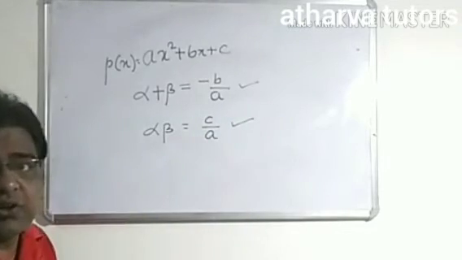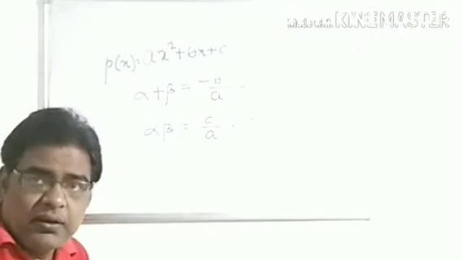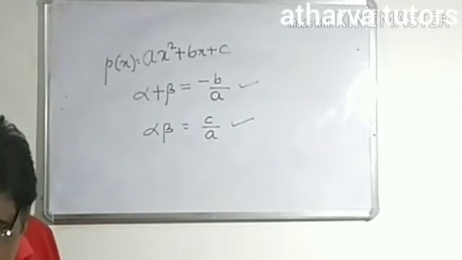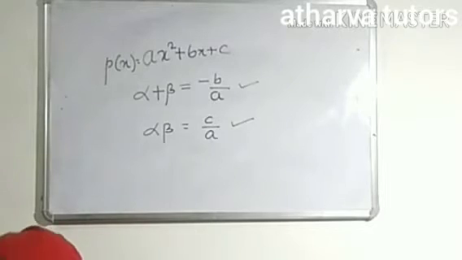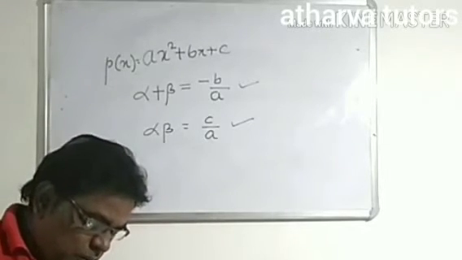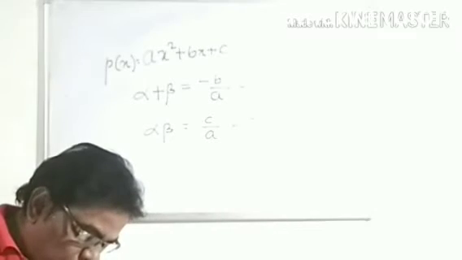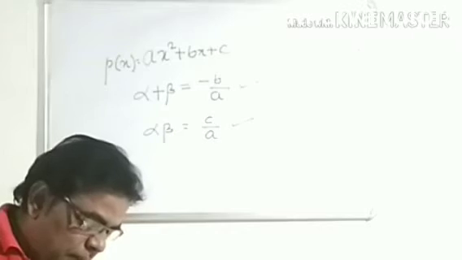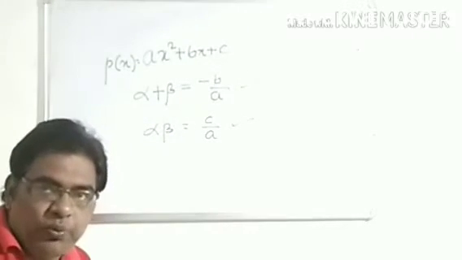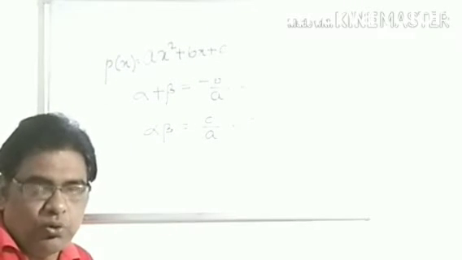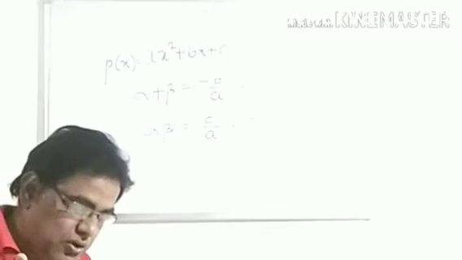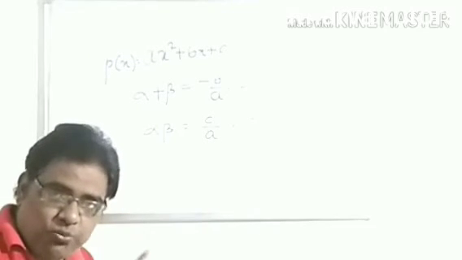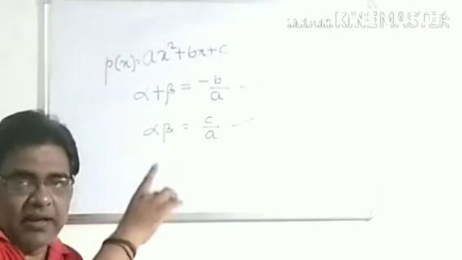You will be asked a question, and the question will be something like this. I will read one question for you. Find the zeros of the quadratic polynomial. Any quadratic polynomial will be given to you. That means first you have to find the zeros of the quadratic polynomial, just like I did.